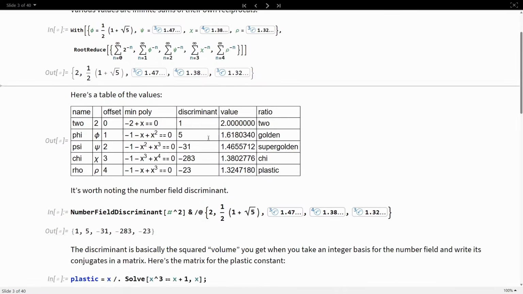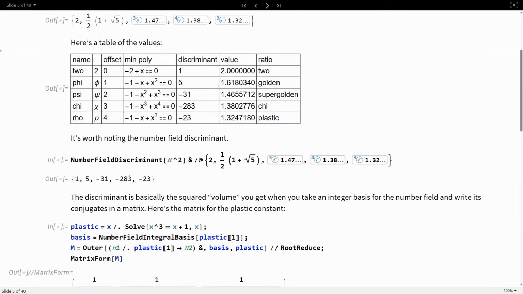And here they are in a table, along with the minimal polynomials associated with them. The discriminant is something I use a lot in my studies, so I may as well talk about what that is. The number field discriminant for these values is 1, 5, negative 31, negative 283, and negative 23.